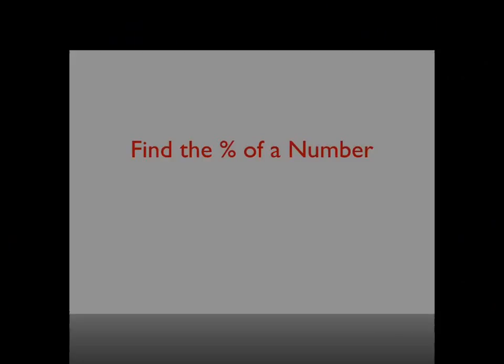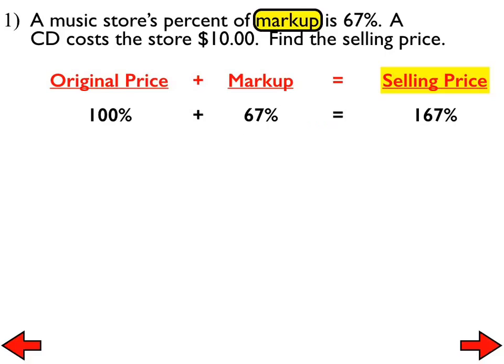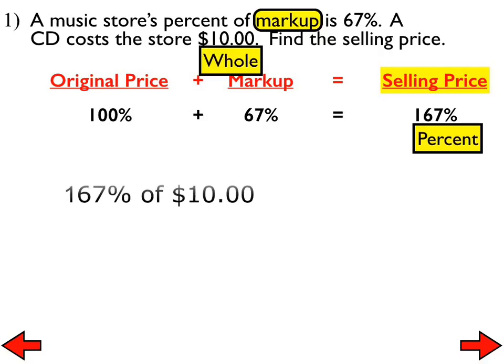Now the third column is the find the percent of a number. This is the fastest, easiest way to do it. If I were to do this math problem, I would do it this way, because it's faster. Using the same idea of 100% plus 67% would be how much you're paying is 167%. I want to know what 167% of $10 is.